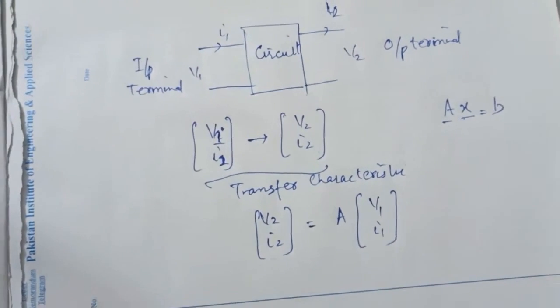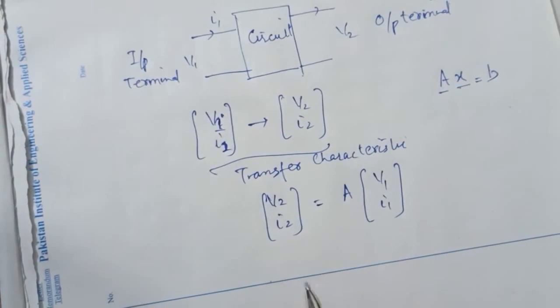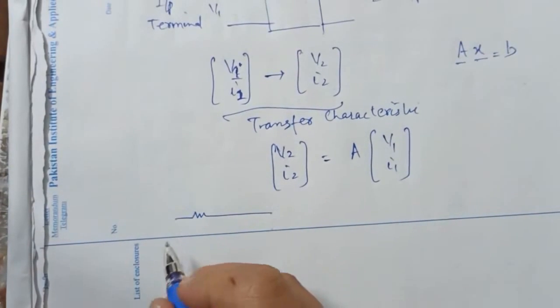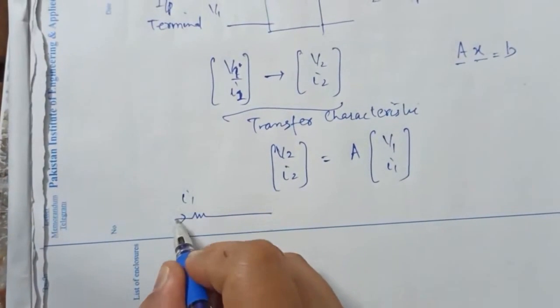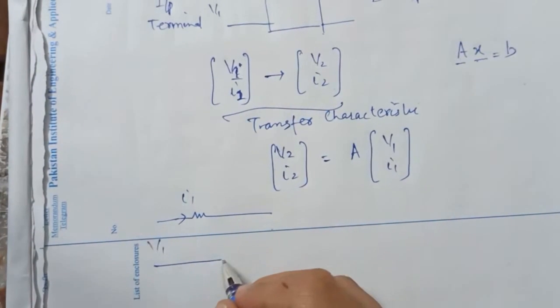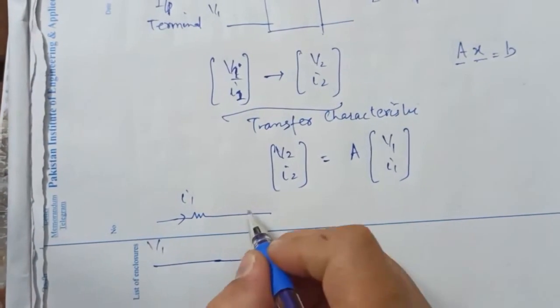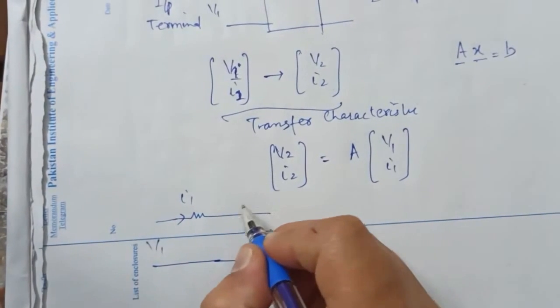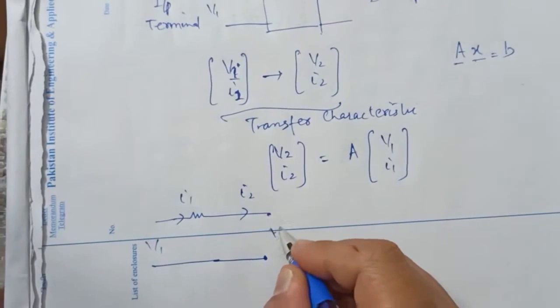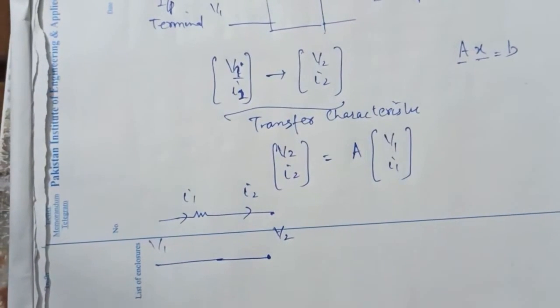let's assume we have a circuit like this, which has I1 here, V1 here, and of course this point is I2 and this point is V2. So it is more like a series circuit.